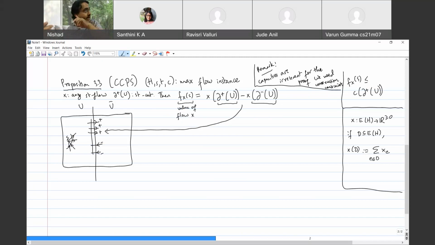Before we prove this statement, let us see why this implies the main thing we want to prove, which is that the value of any flow is upper bounded by the capacity of any cut. Okay. So let's just prove that part first, and then we will prove this proposition.